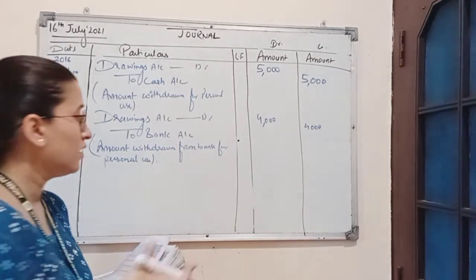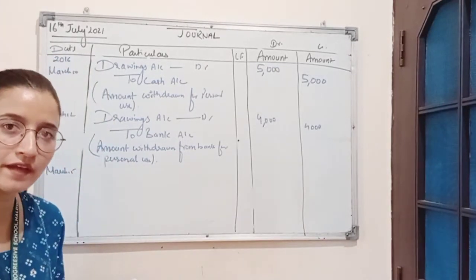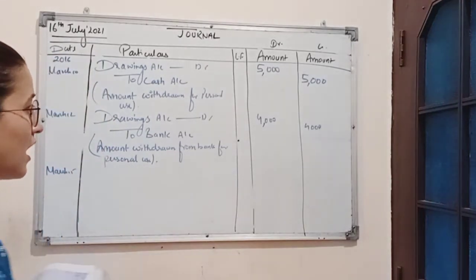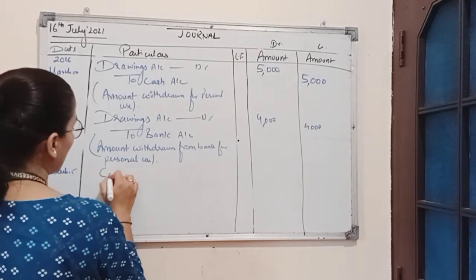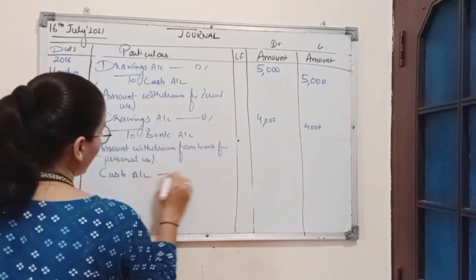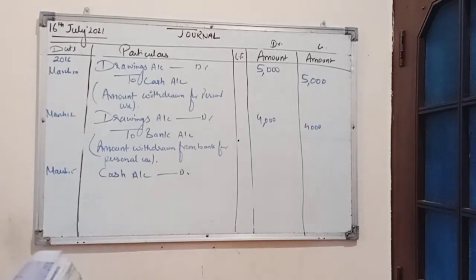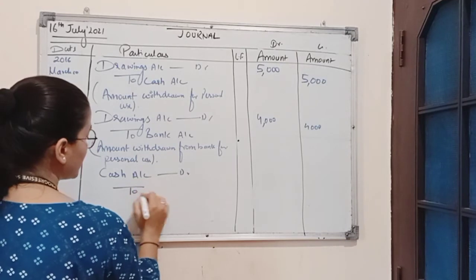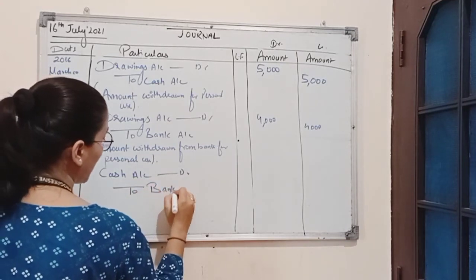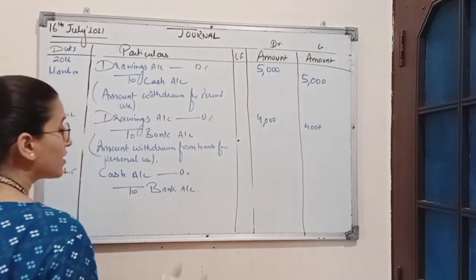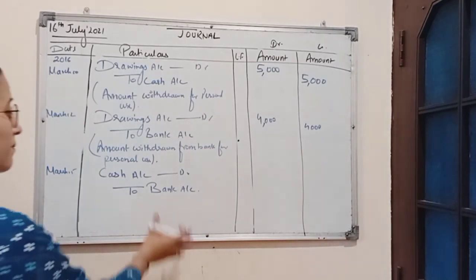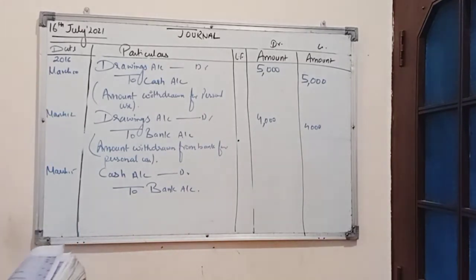Now here, by withdrawing the cash from bank, the business is receiving cash and we know cash as a real account will be debited because the rule is debit what comes in. So there is inflow of cash by withdrawing this amount from bank, and as we have withdrawn this amount from bank, bank account will be credited because the giver of cash is bank, and bank is a personal account.